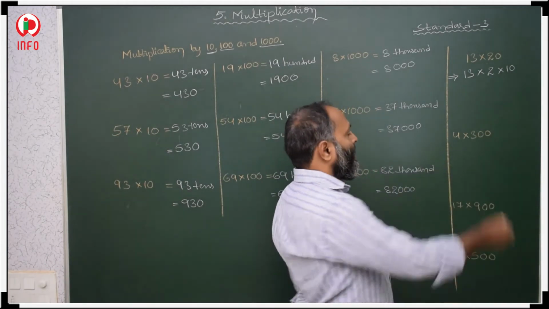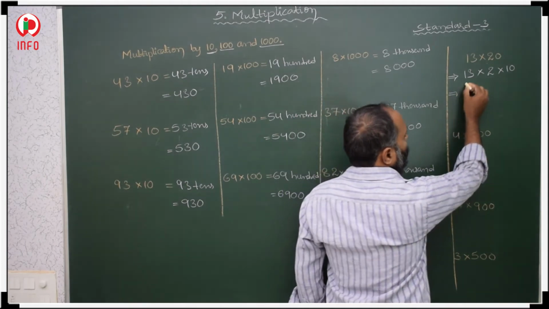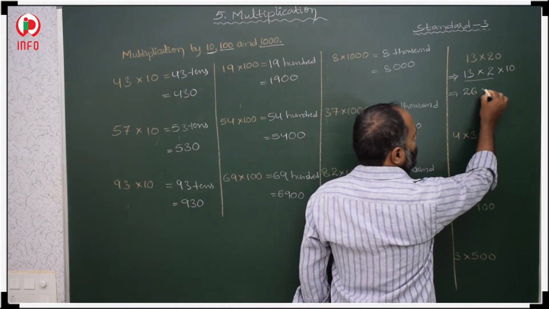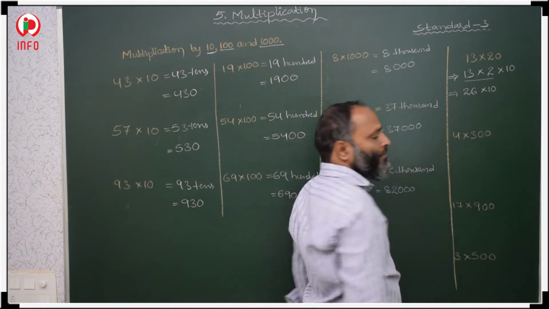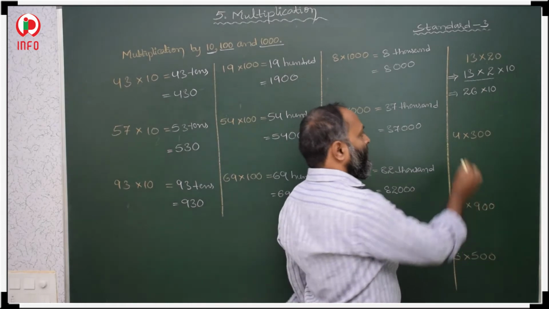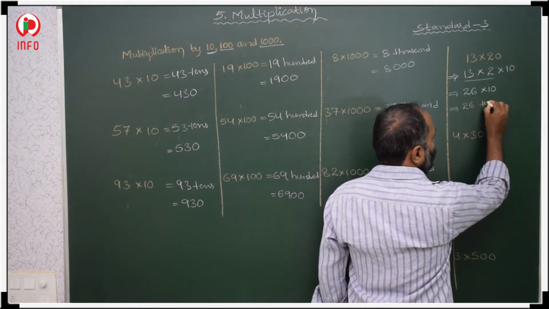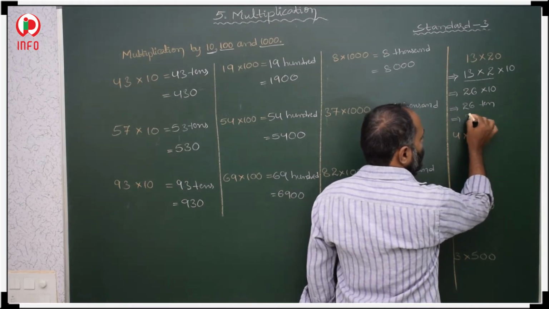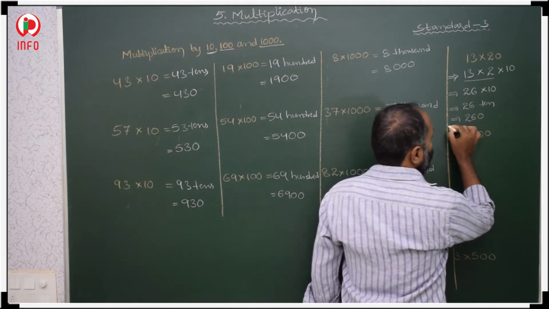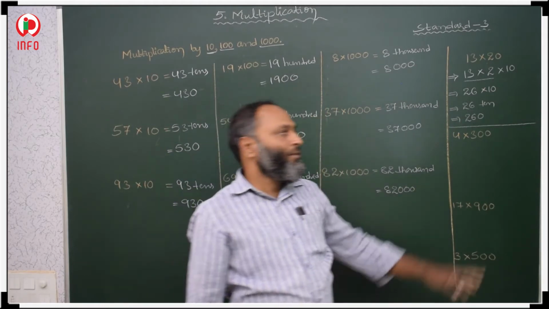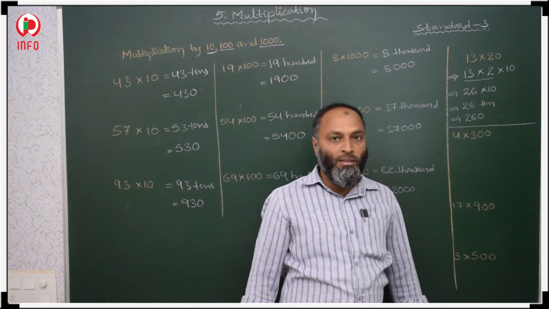Now find the product of these two. 13 twos are 26. 26 into 10 means 260. Why? Because in 10 only one 0 is there, so we take 0 in ones place.